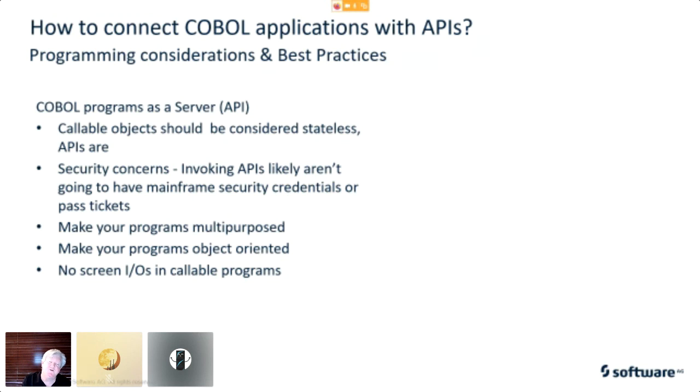Make your programs object-oriented. If you're going to do an update, if you're going to have a business rule, make it one callable object. That's good practice for both APIs and just programming in general. So you don't want to have to rebuild multiple versions of something.